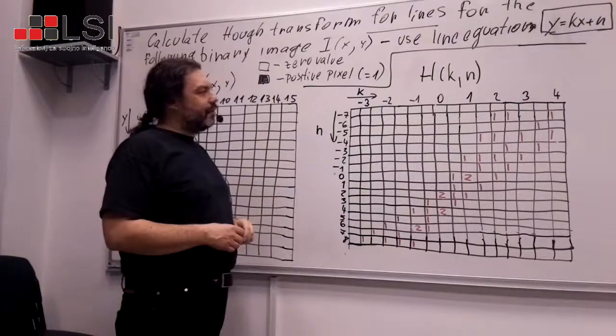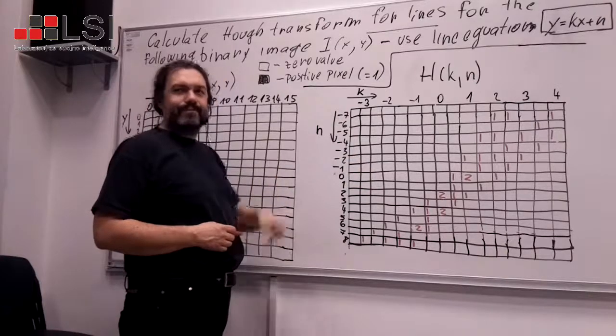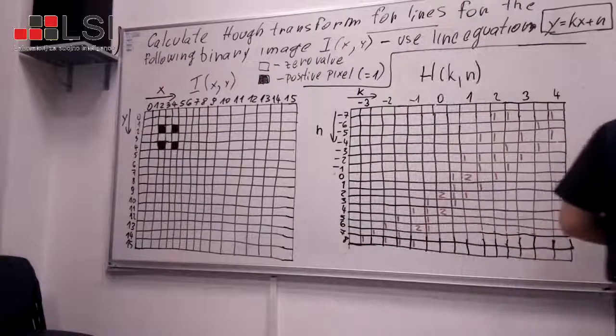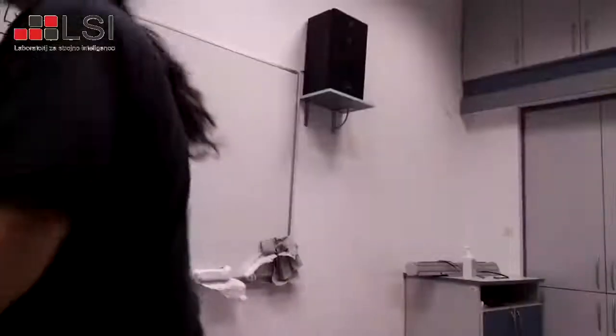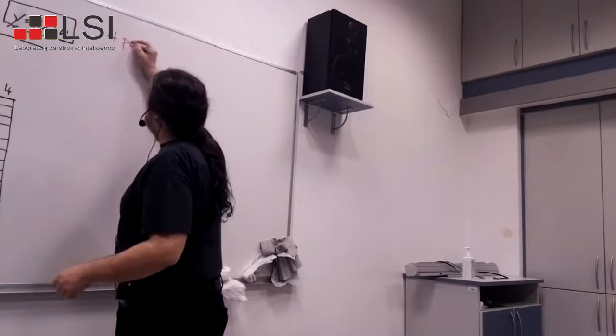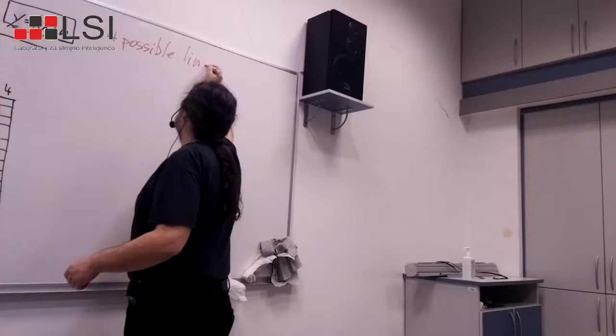So let's look, where did we get those maxima? Let's write them out. First, we have 4 possible lines. So let's write here 4 lines.